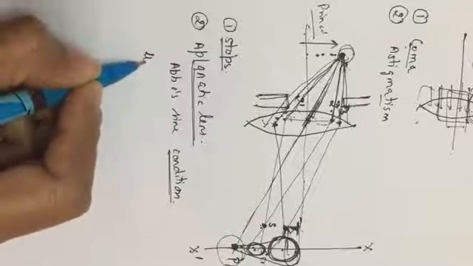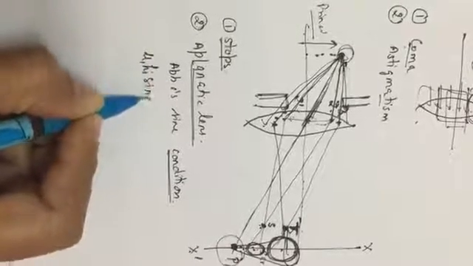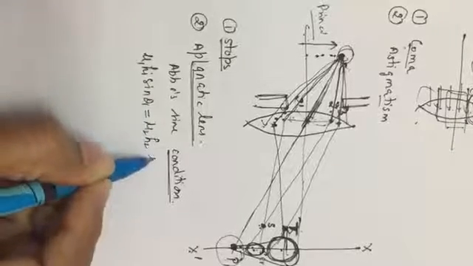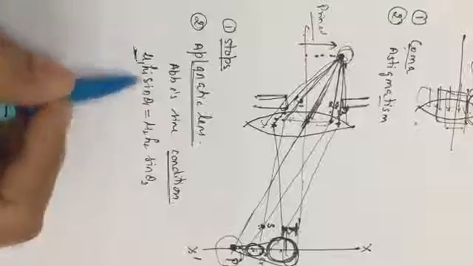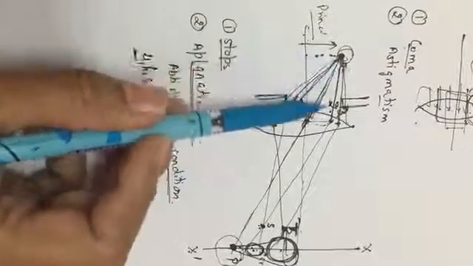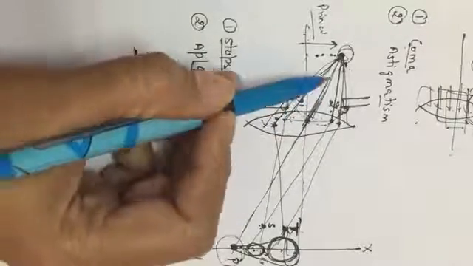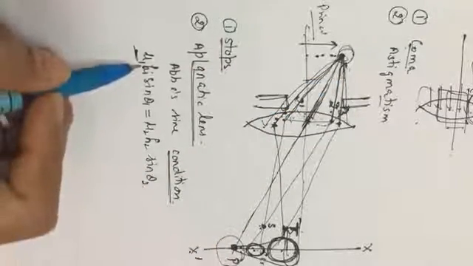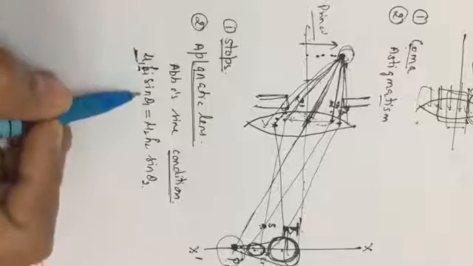According to the Abbe condition, mu1 h1 sine theta 1 should be equal to mu2 h2 sine theta 2, where mu1 is the refractive index from the object side and h1 is the height of the object from the principal axis, or we can say the size of the object above the principal axis.